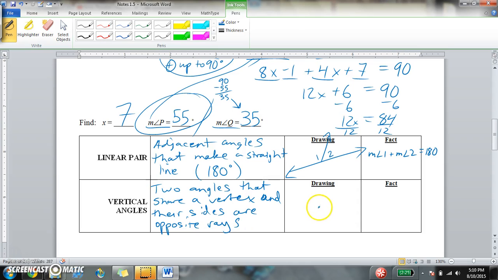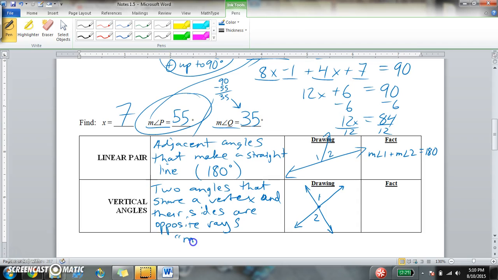So what I mean by that is if we've got a point right here, we make a ray. An opposite ray would go like this. Then if we do the same thing from the same vertex, draw a ray, and then an opposite ray, this angle and this angle, angle 1 and angle 2, would be considered vertical angles.